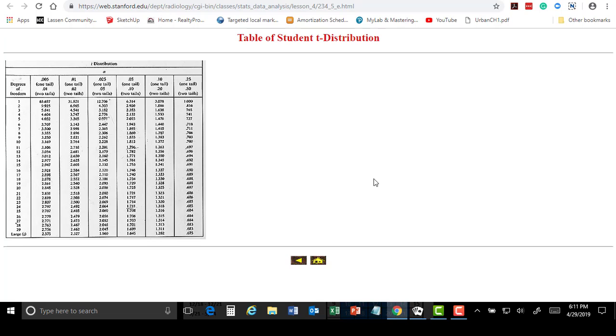Now, when you do it on StatCrunch, you'll get a much more accurate number. Roughly, that's your p-value.